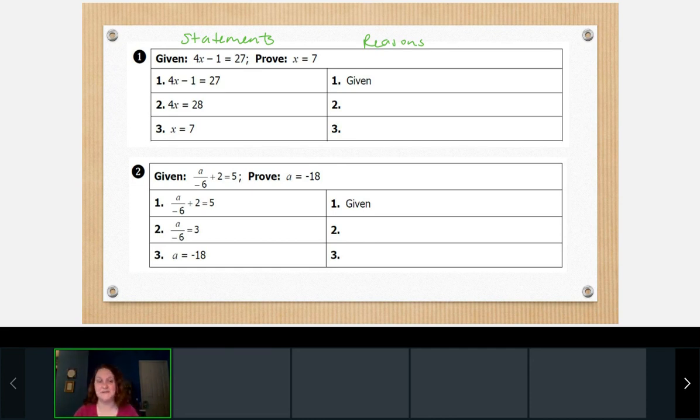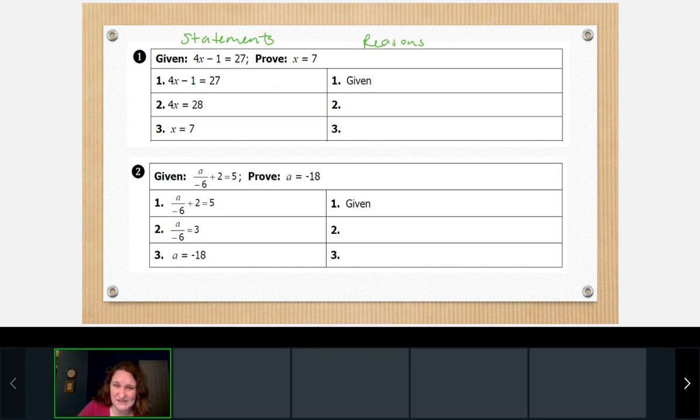The only way you know this first step is because it was given to you. Almost every proof you write is going to start with a given. Then it's asking you to prove that x equals 7. So essentially, in this algebraic proof, we're just solving for x, and we're going to justify our steps.